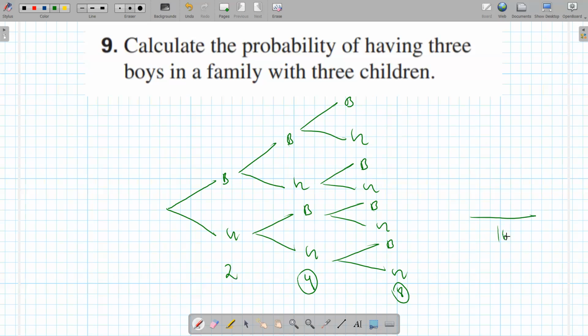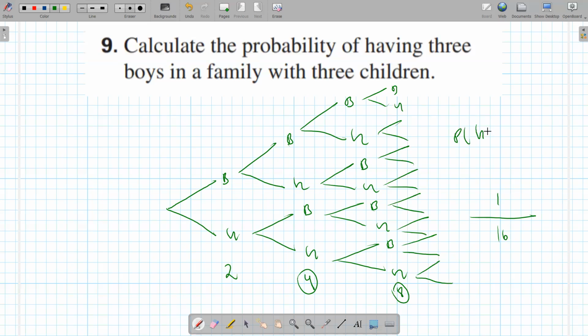16, right? Because you get BG here. 1, 2, 3, 4, 5, 6, 7, 8, 9, 10, 11, 12, 13, 14, 15, 16. It doubles. So what's the probability you have all boys out of 16? Just 1. And the same probability for girls as well. The probability that you get G, G, G, G, 4 girls is 1 out of 16.